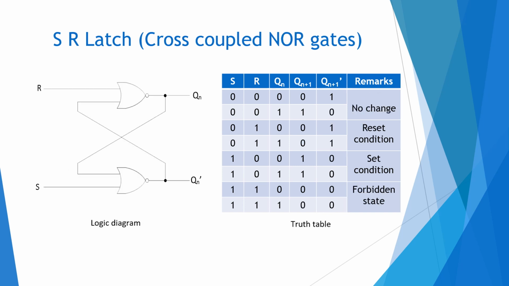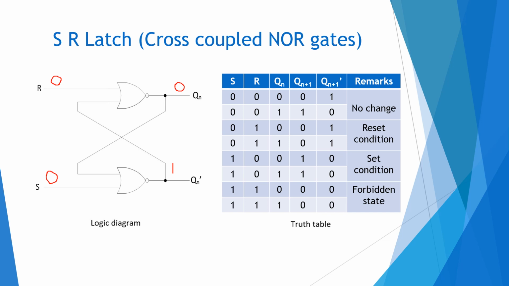So let us now find the functionality of the SR latch with cross-coupled NOR gates. Instead of NAND gates, now we are using NOR gates. So in this case, the S and R inputs become active high inputs. So let us see the functionality. Okay, so now when S and R equal to 0, suppose Qn equal to 0, Qn bar equal to 1, that's the present state.